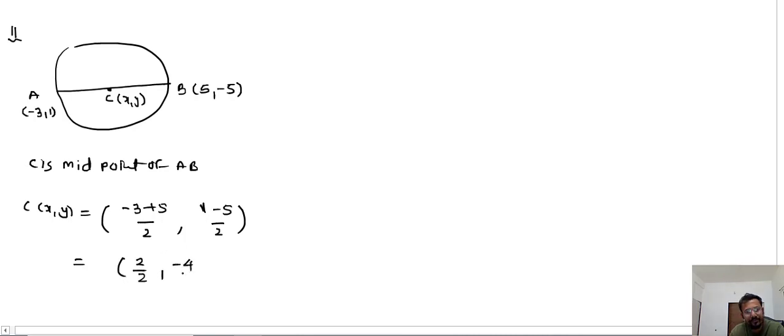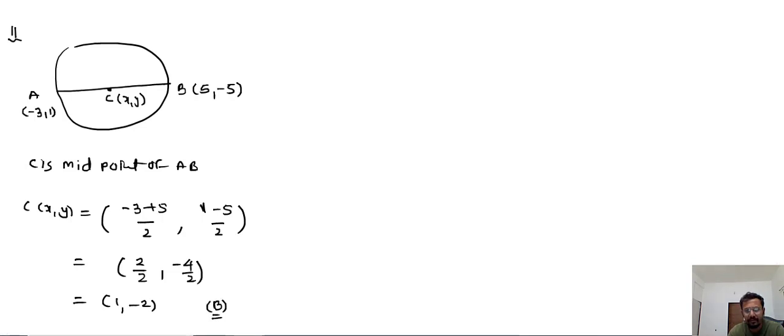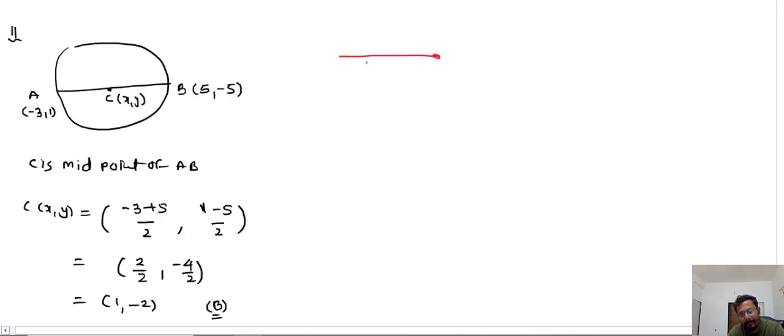So here we want to write a note about how to find the midpoint. Suppose you have one line segment, and this line segment is ended by 2 points like A (x1, y1) and B (x2, y2), and you want to find the coordinates of P (x, y), where P is the midpoint of AB.